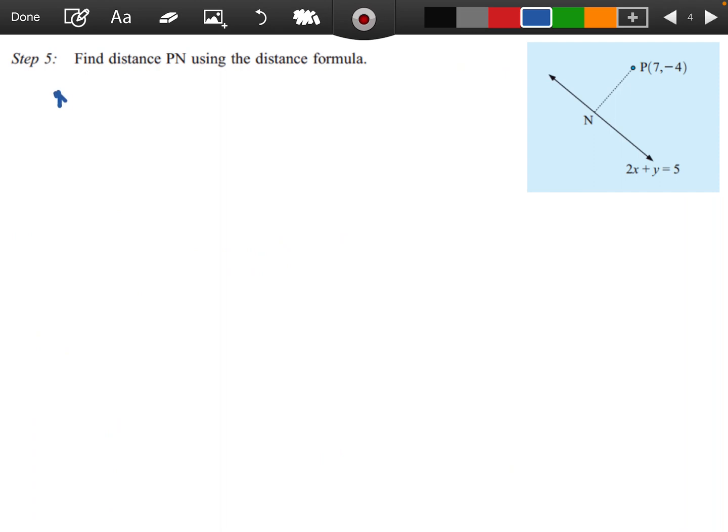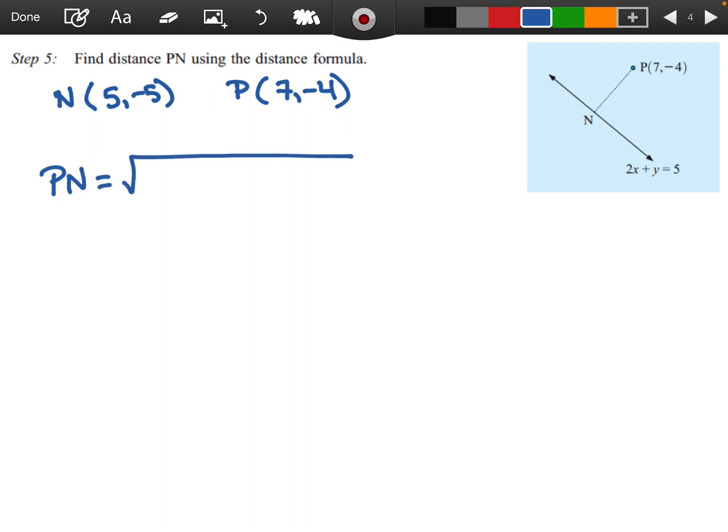So we just figured out point n to be 5, negative 5, and P is 7, negative 4, given in the question over here on our diagram. So distance formula, so figure out Pn, distance of Pn, square root, and we've got x1 minus x2 squared plus y1 minus y2 squared.